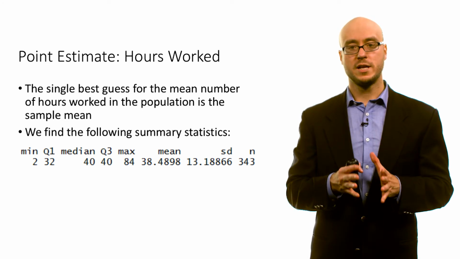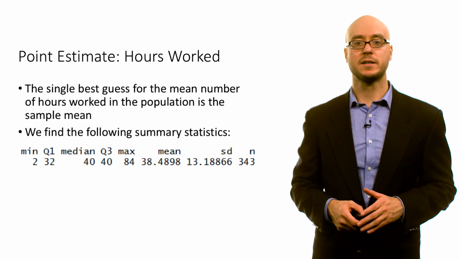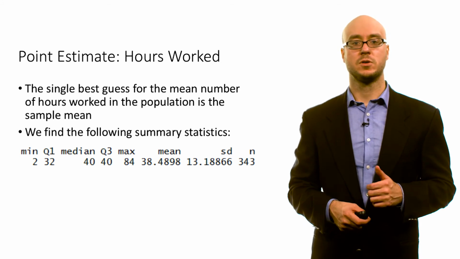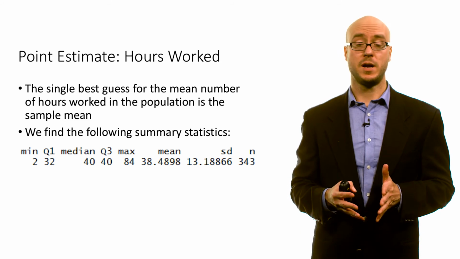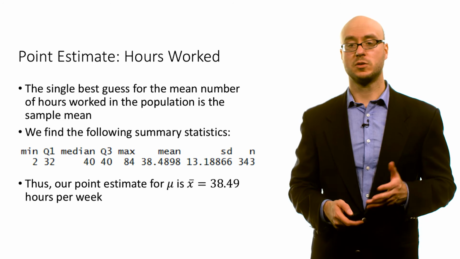But for a point estimate for the population mean, the single best guess is going to be that sample mean, x bar, which here we can see is 38.5 hours worked per week. So we'd say, well, that's what we'd expect the population mean mu to be without additional information. So that's our point estimate.